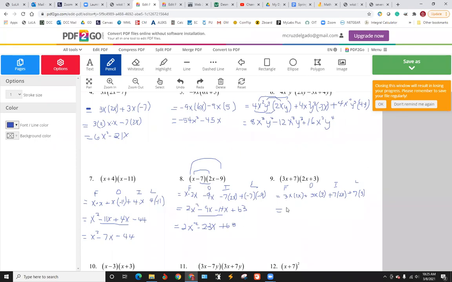So 3 times 2 is a 6, and the x times x is x squared. And then you got 3 times 3 is 9x. There's only one x, so there's nothing to add on that. And then 7 times 2 is 14x. Plus 21.